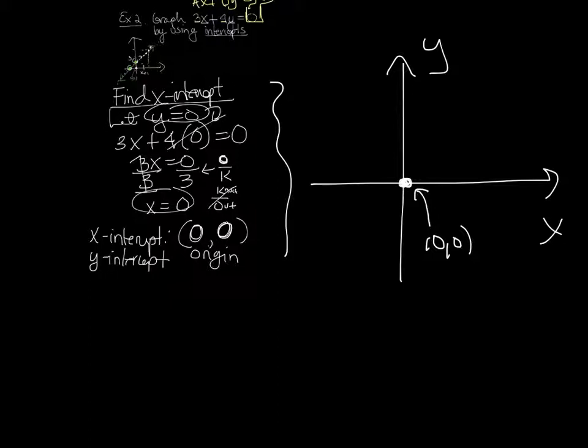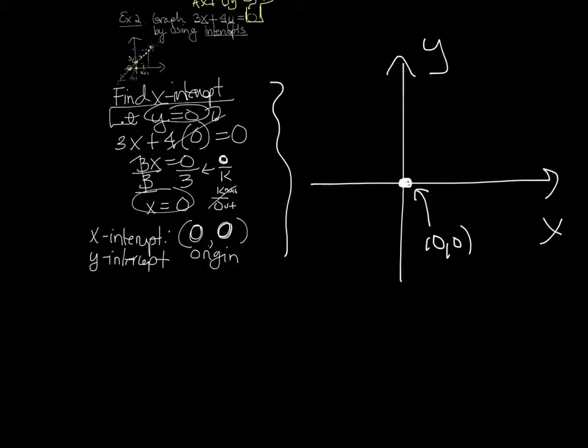But I don't know where my other point is so I can graph the line. Is it here, is it here, is it here? So we have to find another point, and that point is not going to be an x or y intercept because we already found both of them.